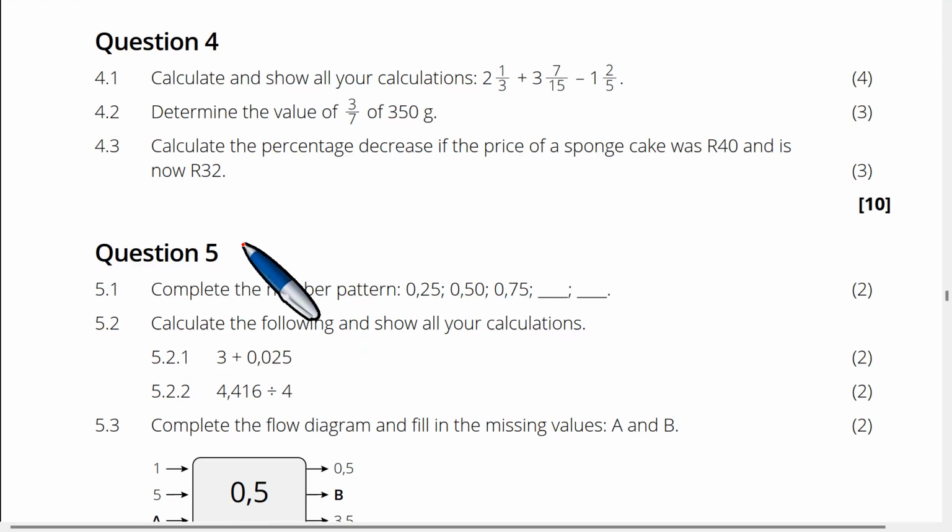Are you able to see it now? Yes, sir. Okay. Because we're doing 4.3. Calculate the percentage decrease if the price of a sponge cake was 40 Rand and is now 32 Rand. What is the percentage decrease?